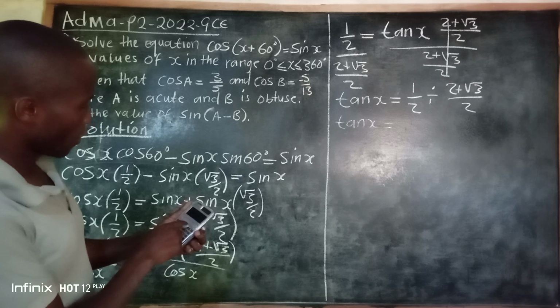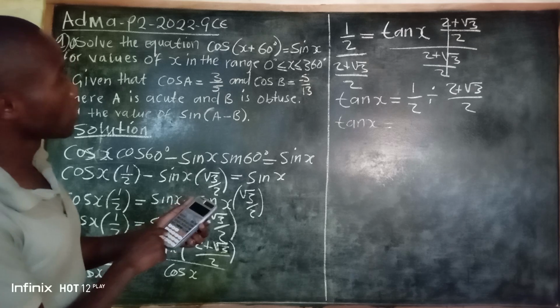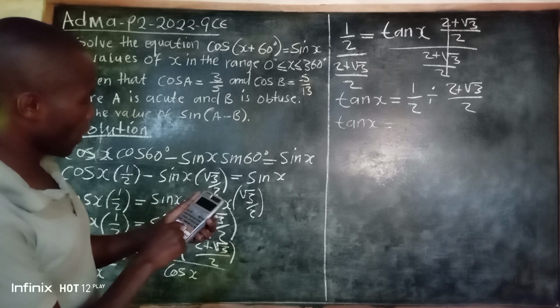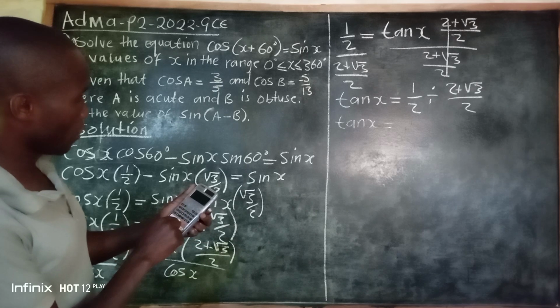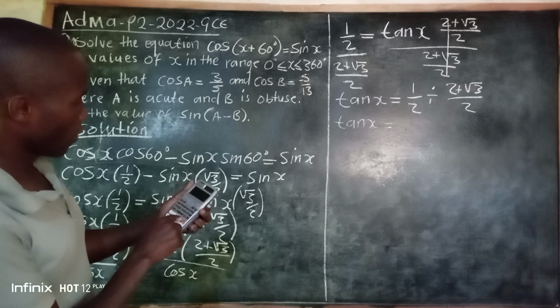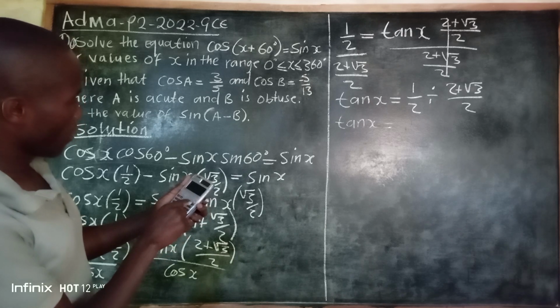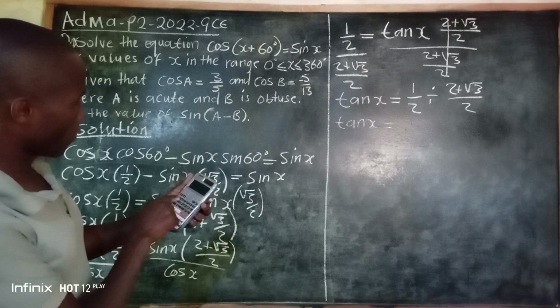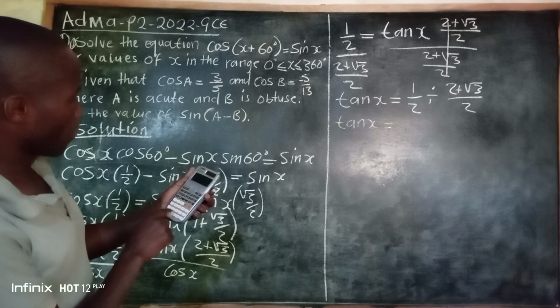I'm using the calculator directly there so that we can find the needed answer. 1 over 2 divided by 2 plus the root of 3 over 2.